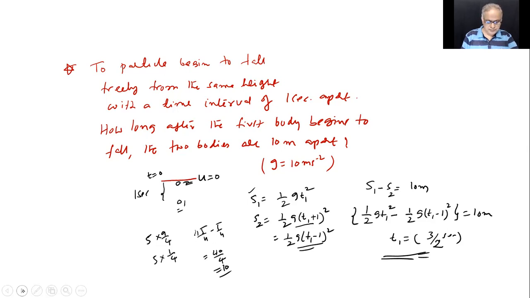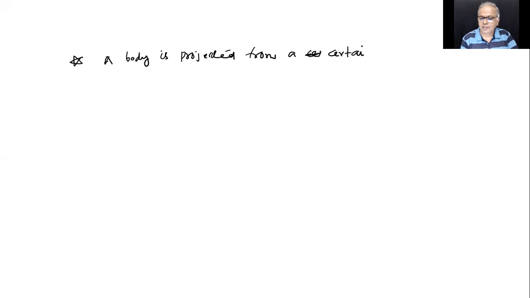Hello, children. Yes, sir. Okay. I won't increase the difficulty level; I'll still continue to do simpler sums. A body is projected from a certain height. Sriram, you are there or not?